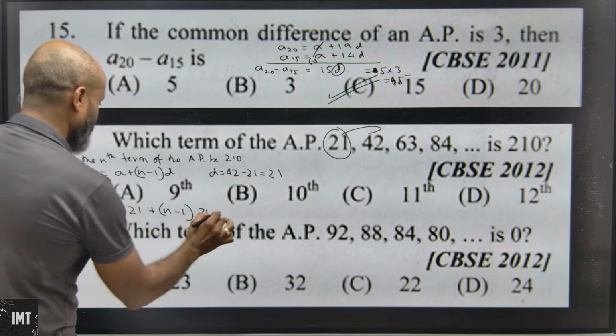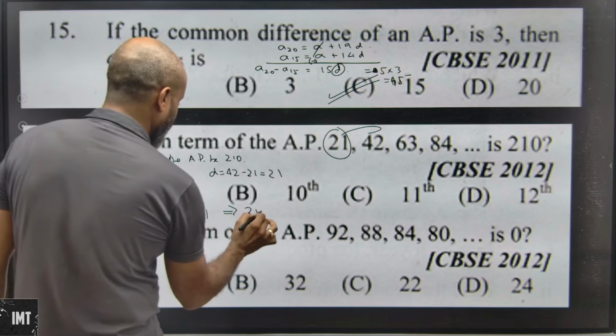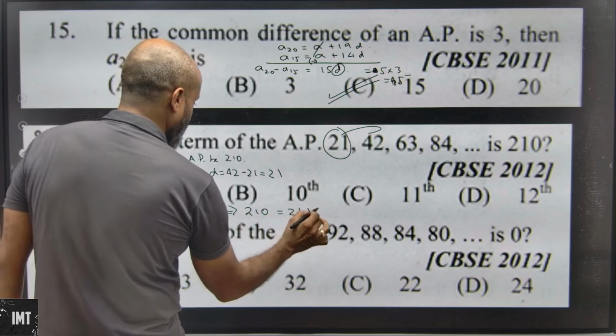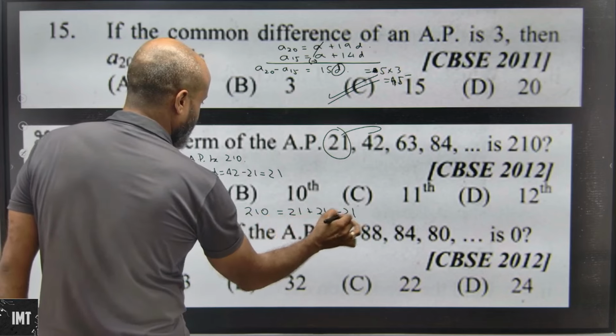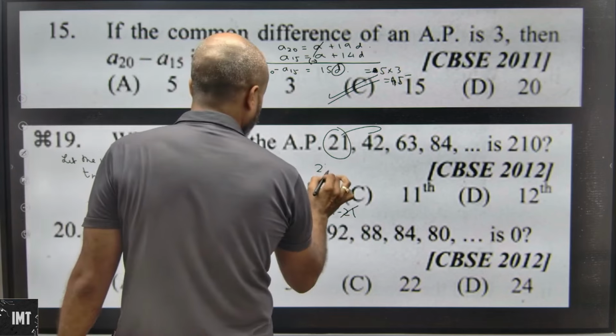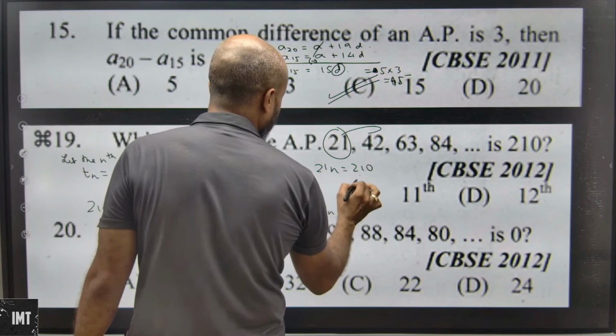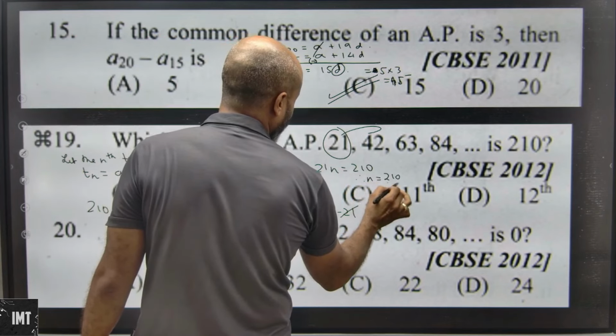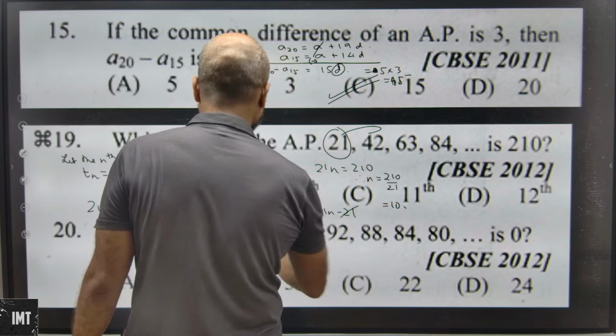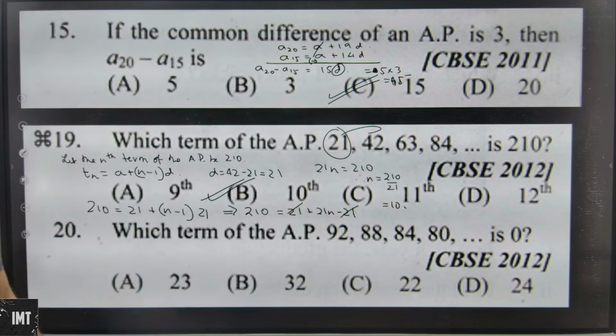So 210 is equal to 21 plus 21n minus 21. So this gets cancelled. 21n is equal to 210. So therefore n is equal to 210 by 21, that is 10. So this would be the correct answer.